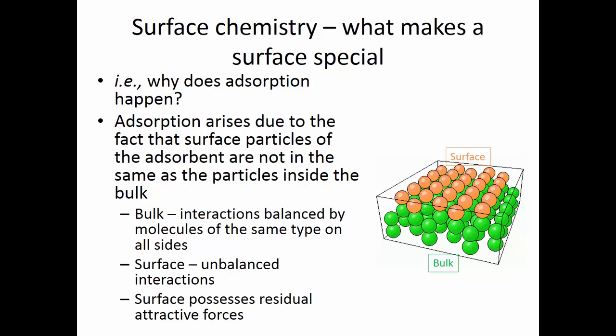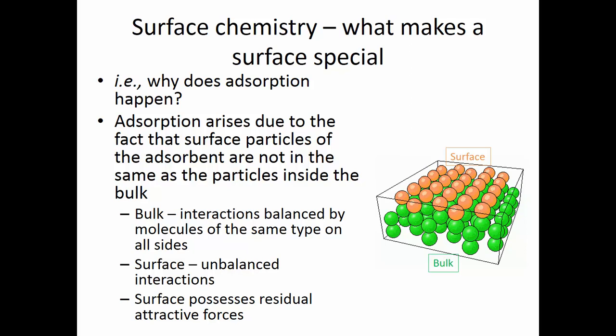Alright, surface chemistry is another one. What makes a surface special? Who cares about surfaces? Surfaces are funny things. They have unbalanced interactions. There's the surface, and then there's the bulk. Underneath every surface is bulk, and the bulk has interactions balanced by molecules of the same type.